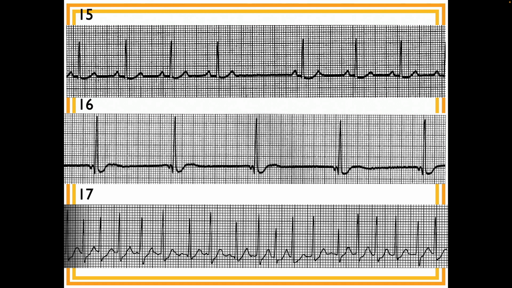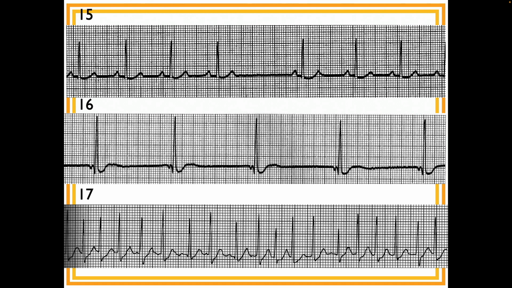This rhythm is irregular. I'm gonna recheck. Let's do another method for the rate because it's a little bit sketchy. 40 BPM.